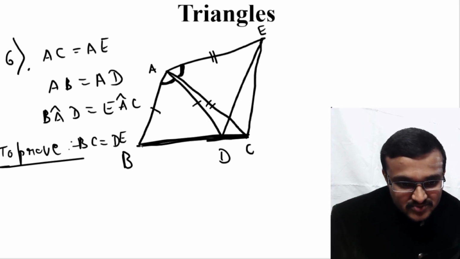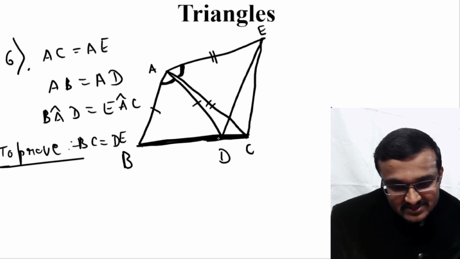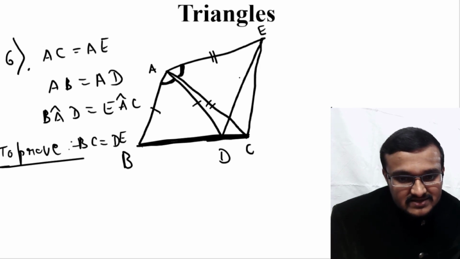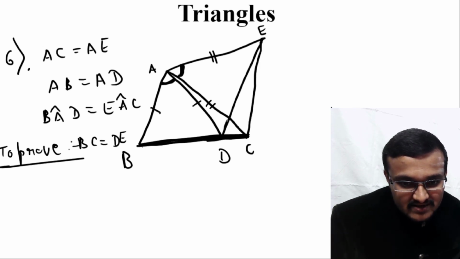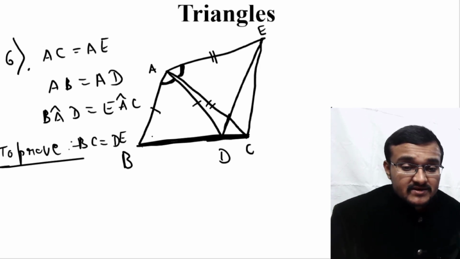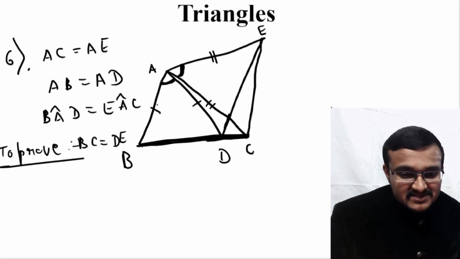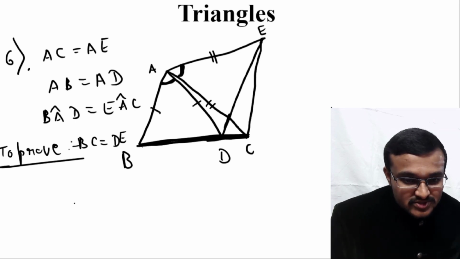So that is this particular total line here. BC is equal to this particular line DE. Here we will consider two triangles. I'll write those two triangles separately.